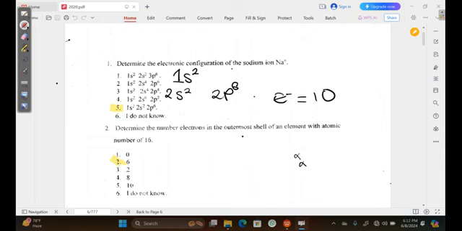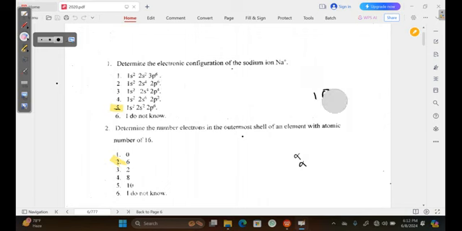So looking at this, we can compare this configuration to the configurations that have been given. And as you can see, option 5 is basically the most probable answer because it is 1s2, 2s2, and 2p6. Alright, so we can move on to the next question.